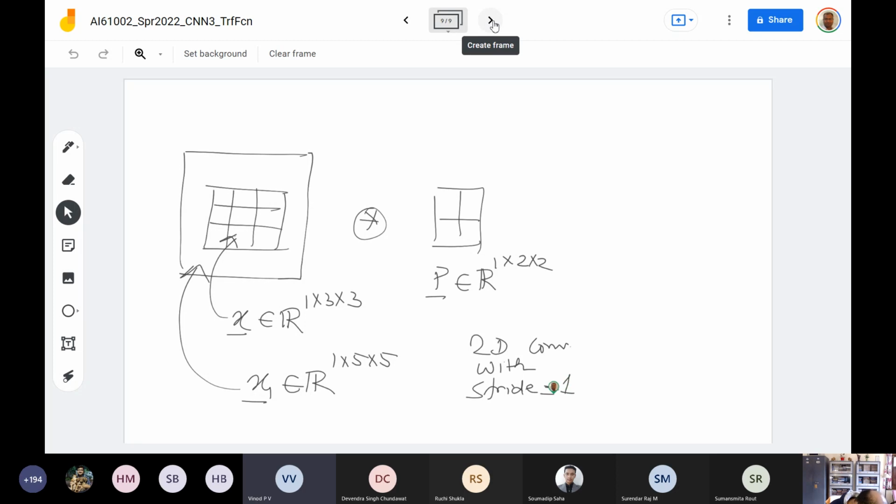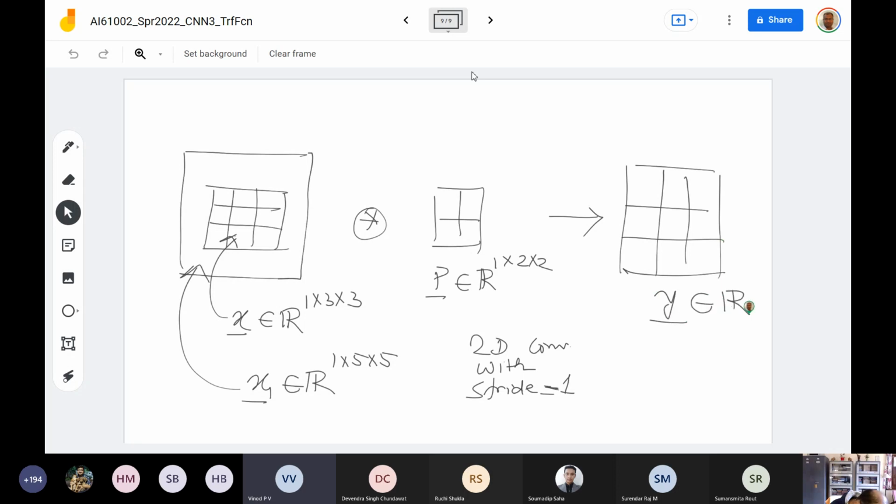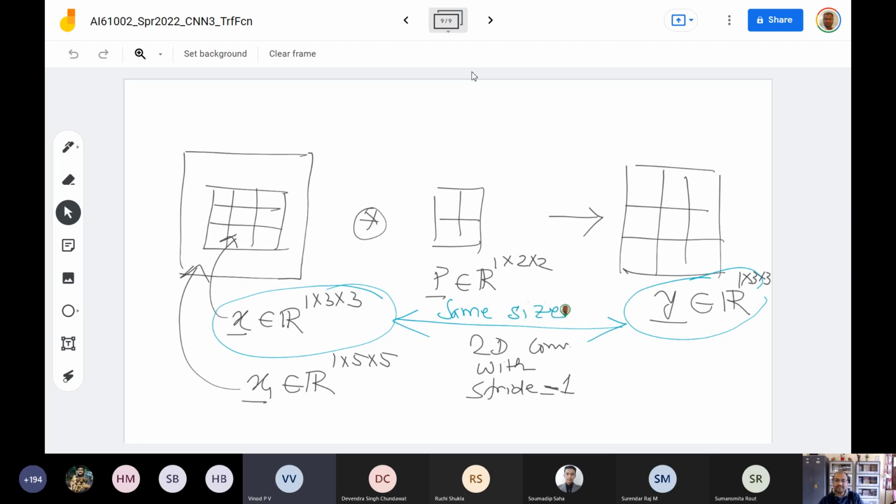Now, because the convolution is working on X1, this output which I get over here is going to be Y, which belongs to R power of 1 cross 3 cross 3. So now you would see that the size of X and size of Y are the same. Here, the same size of matrix is obtained without any kind of a problem.